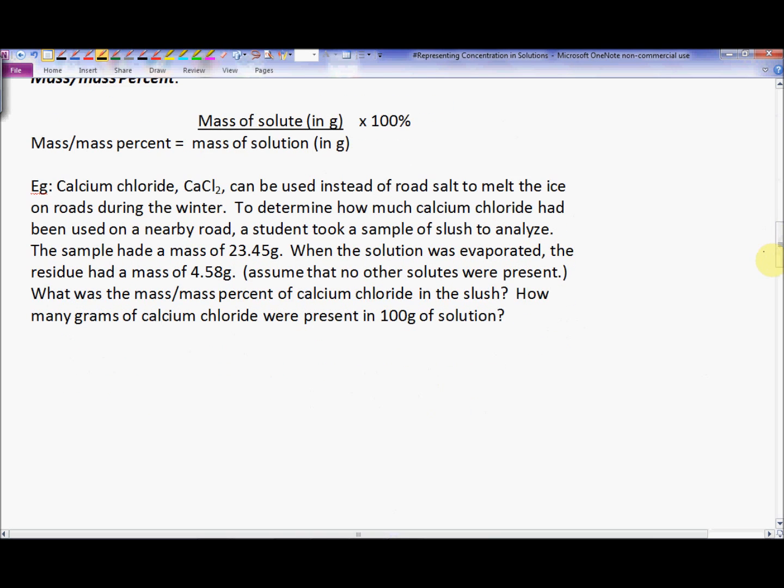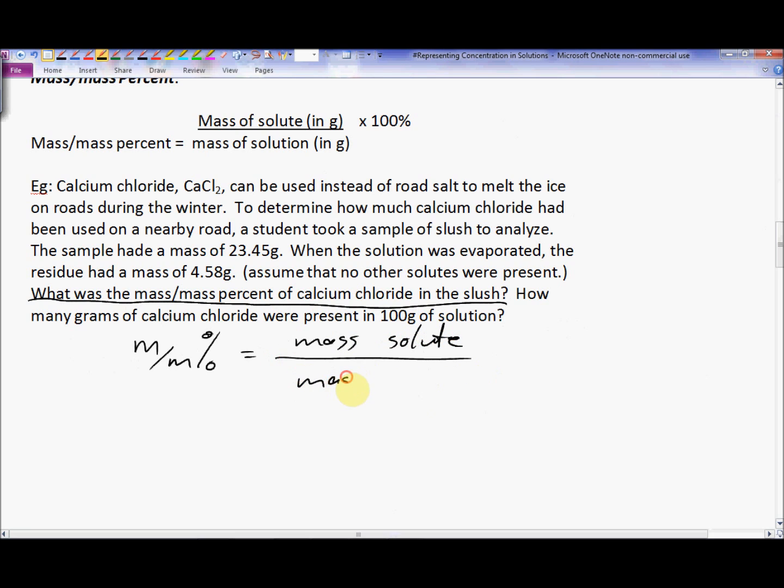Okay, so let's start with the first question. What was the mass to mass percent of calcium chloride in the slush? So the mass to mass percent equation goes mass of solute divided by mass of solution.